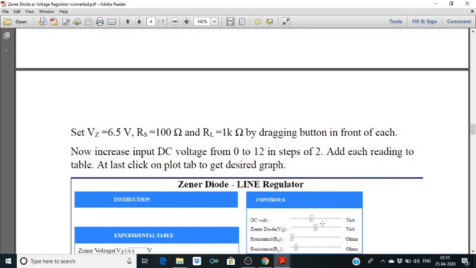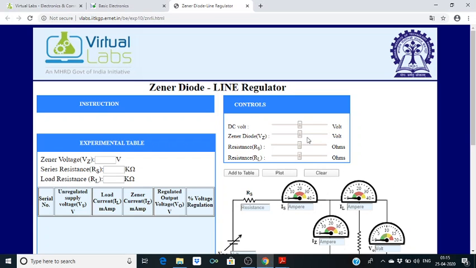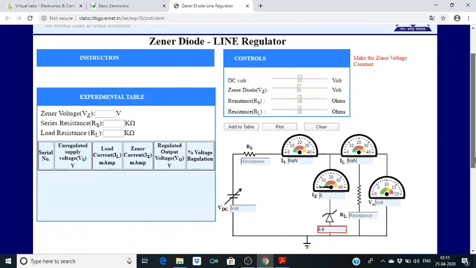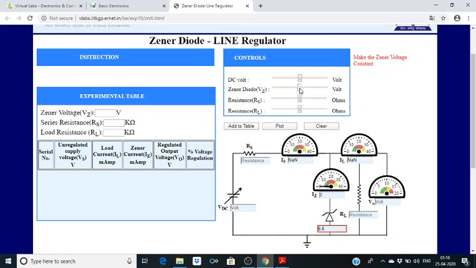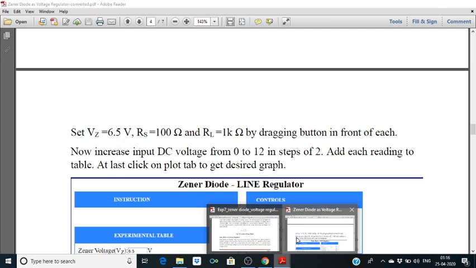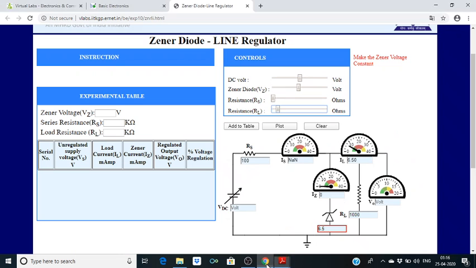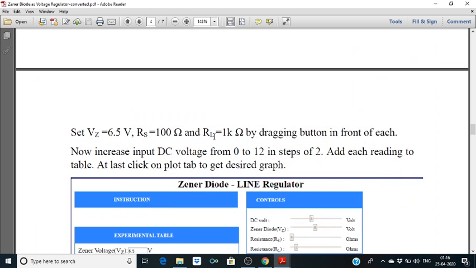So we will set VZ equal to 6.5, RS 100 ohm, RL 1 kilo ohm.